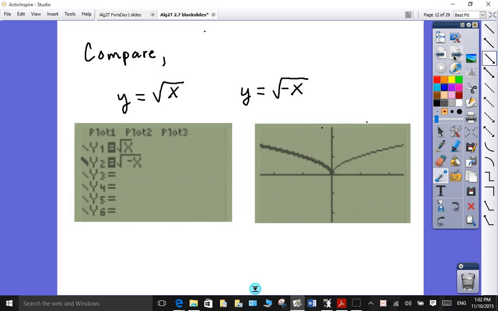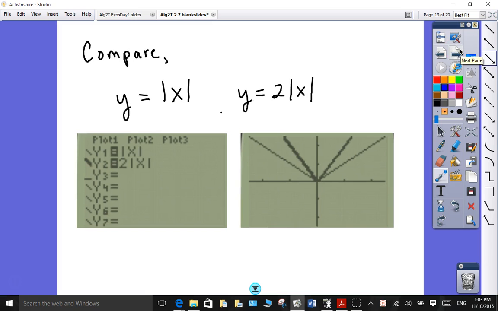X is here. Use this, then you arrow down. Okay, and now put in the square root of negative x. Graph. There's the one. There's the other.